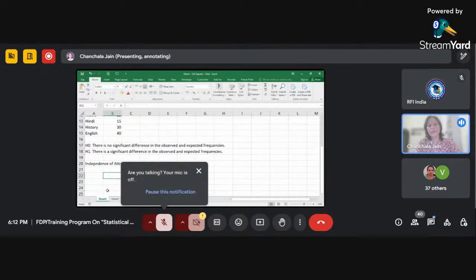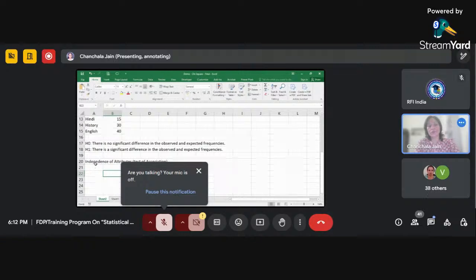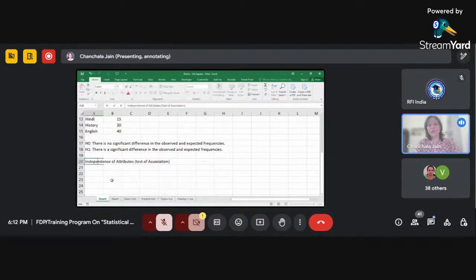Here we need to see whether the two attributes are independent of each other, or whether the two attributes are associated or not. A categorical variable generally represents the characteristics or attributes of any object, so we need to see whether the attributes are independent or they have any association, right?